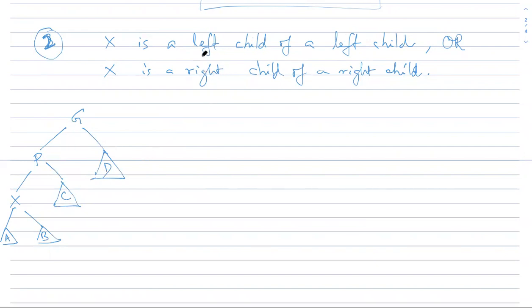Because this is a left child of a left child, you could imagine that, just like in the previous case, it was a left child of a right child, and because of which the rotation was a zigzag rotation. Now here it's a left child of a left child, so you would have guessed that it would be a zig rotation as opposed to a zigzag rotation.